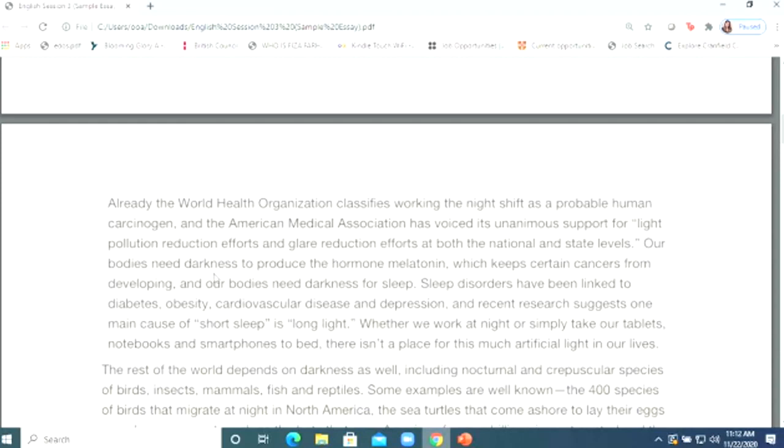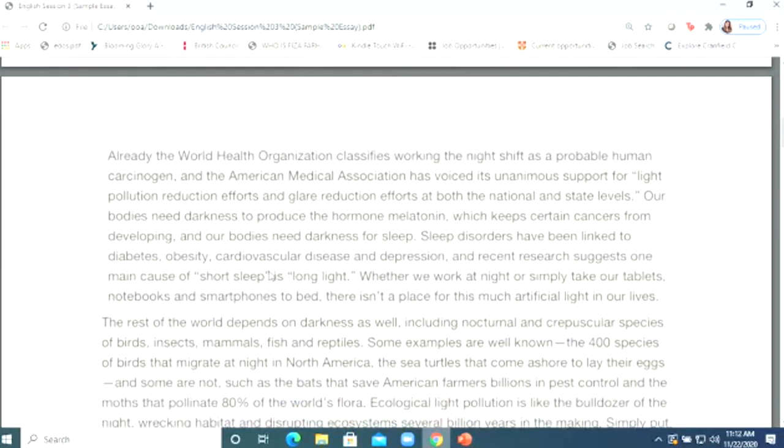Our bodies need darkness to produce the hormone melatonin, which keeps certain cancers from developing, and our bodies need darkness for sleep. Once again, a fact. Sleep disorders have been linked to diabetes, obesity, cardiovascular disease, and depression. And recent research suggests one main cause of short sleep is long light.